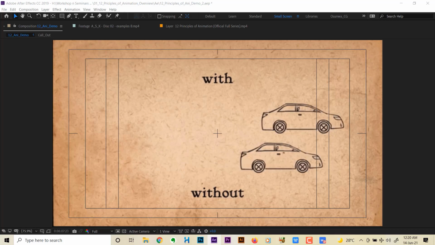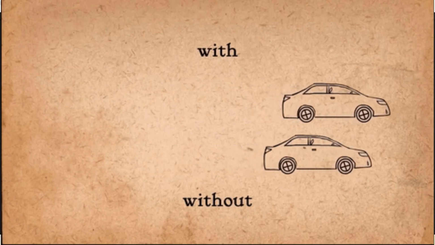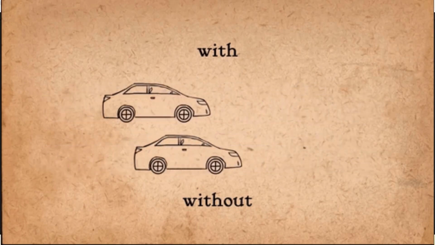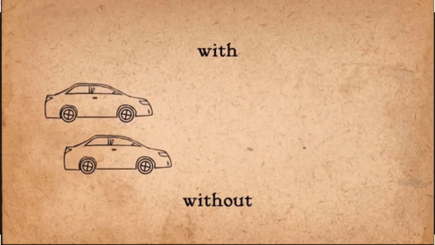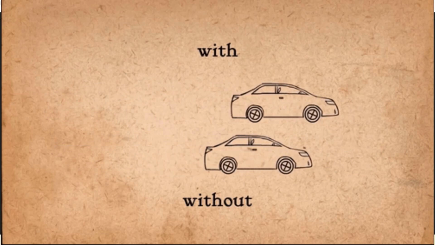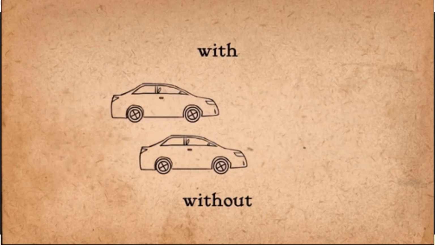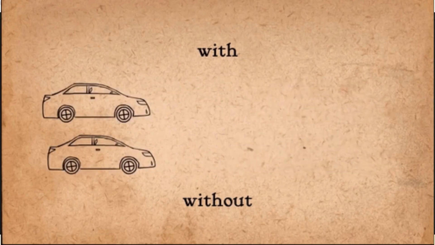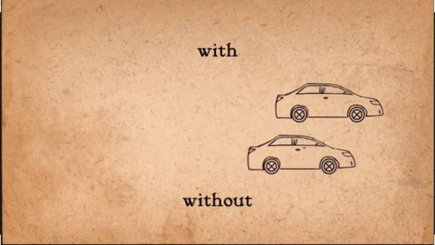Now, a very good way to demonstrate this is a car or a motor, right? A car doesn't just go to full speed once it starts. Rather, it takes its time to build acceleration. Then later on, it eases into rest.